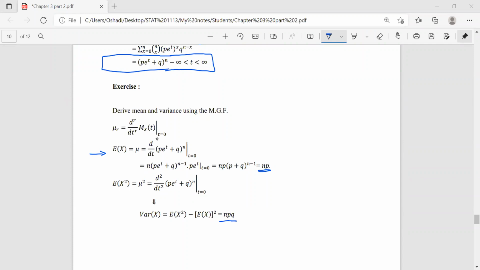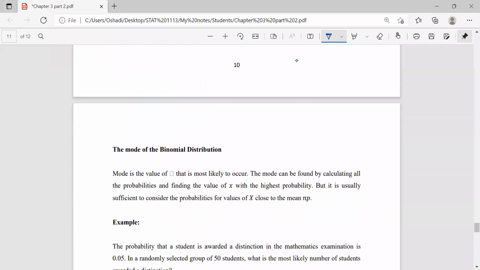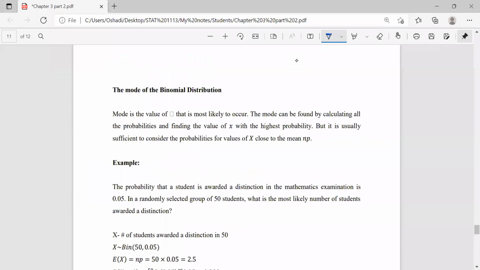If you are asked to prove it, then only you need to prove it in the exams. Otherwise you can directly use npq, if the proof is not asked from you. Okay. Any problem? If we don't have any problem, we can move on.